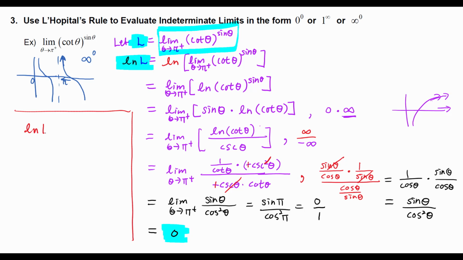I have ln L equals 0, and the base for ln is e, so e to the 0 power equals L. So L is 1. So I found the answer, right? The limit as theta approaches pi from the right of cotangent theta to the sine theta power is indeed 1.